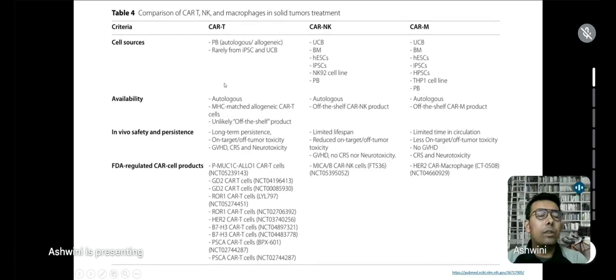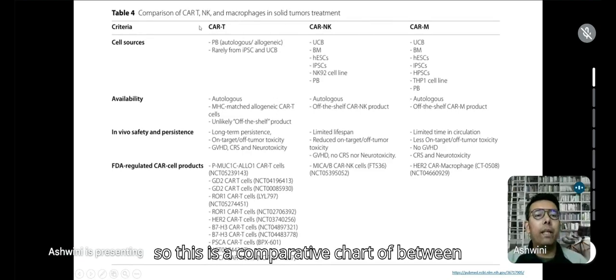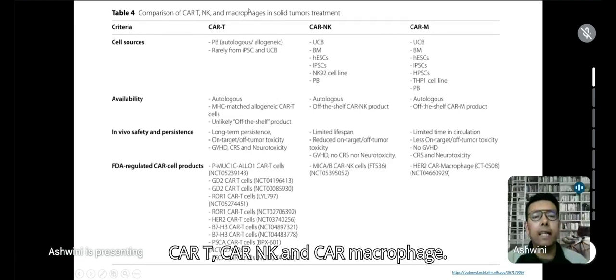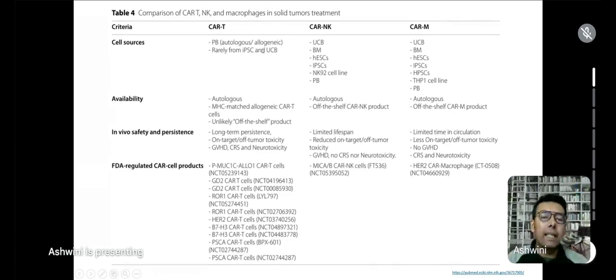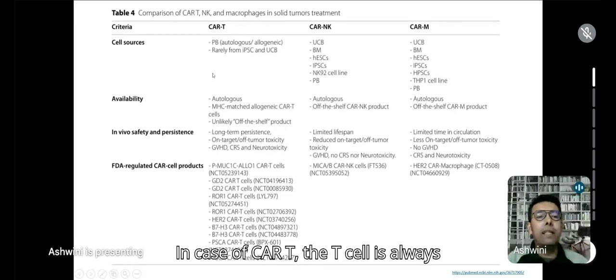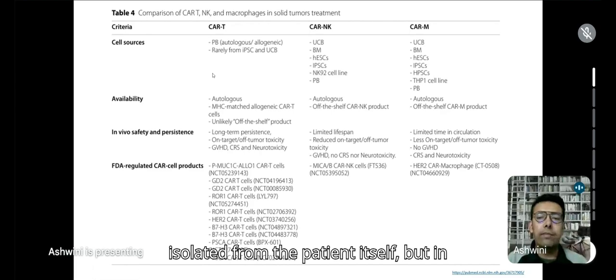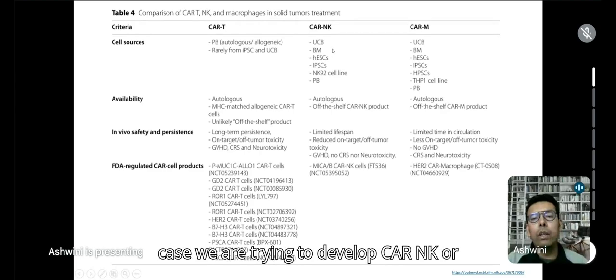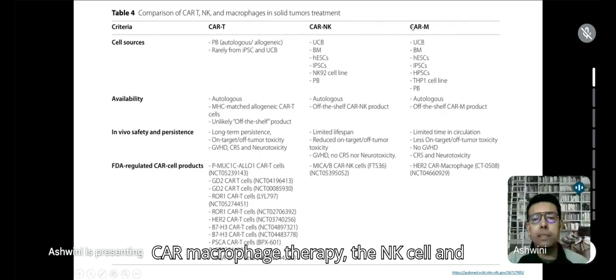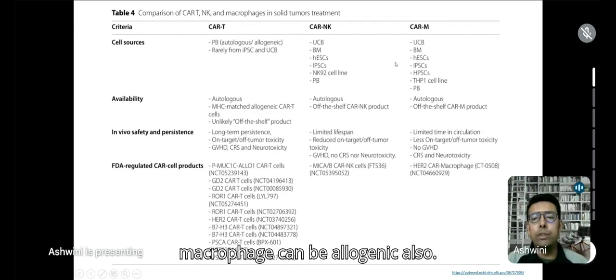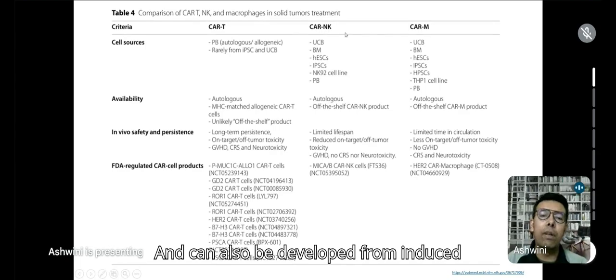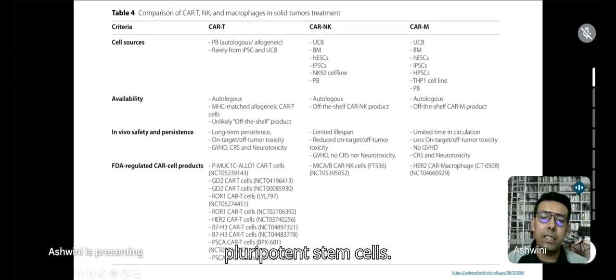This is a comparative chart between CAR T, CAR NK, and CAR macrophage. In the case of CAR T, the T cell is always isolated from the patient itself. But when we are trying to develop CAR NK or CAR macrophage therapy, the NK cell and macrophage can also be allogeneic, and can also be developed from induced pluripotent stem cells.